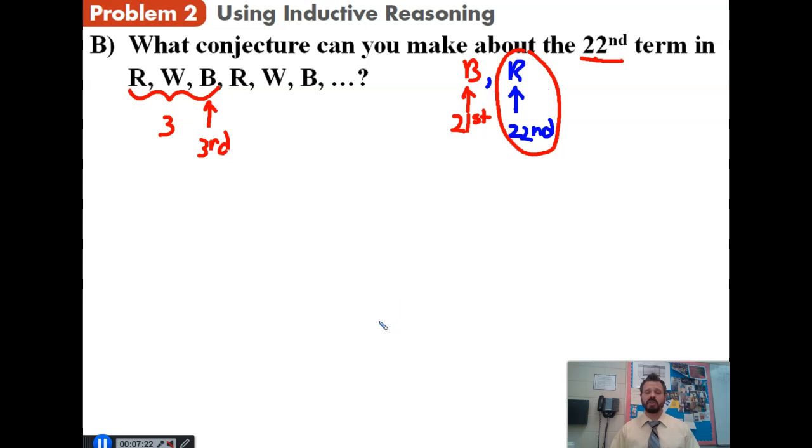Okay, so the idea here is use the length of the sequence to figure out something that's close to the term we want, okay, through division. And then once we have that, we can count up or count down to figure out what the actual one we're looking for is.